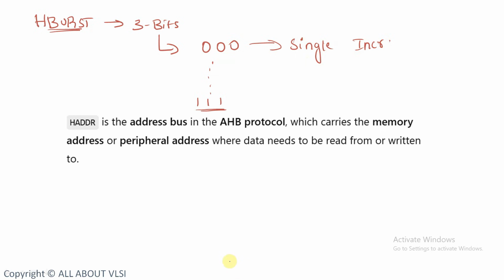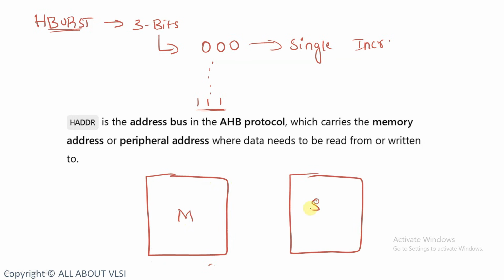First of all, let us understand what we mean by burst. Let's say we have a master and a slave like this, and we are performing a read transfer. If the master wants to read 4 packets of data, there will be 4 packets of data: 1, 2, 3, 4.